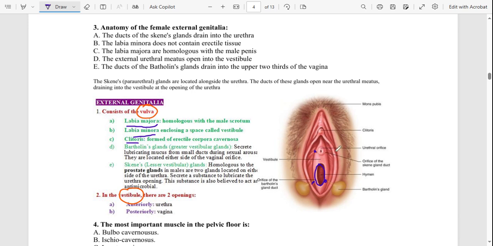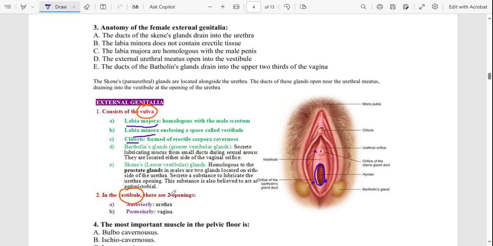So the Skene's glands are on the sides of the urethra, while the Bartholin's gland openings are on the sides of the vagina. The Skene's glands, which we also call the lesser vestibular glands because the Bartholin's are the greater, are homologous to the male prostate gland.